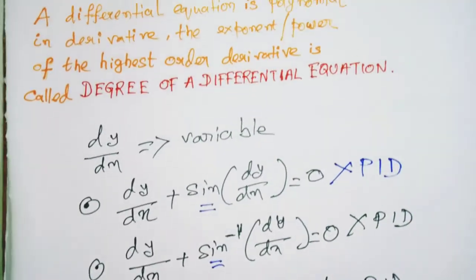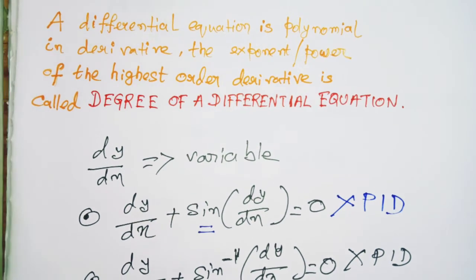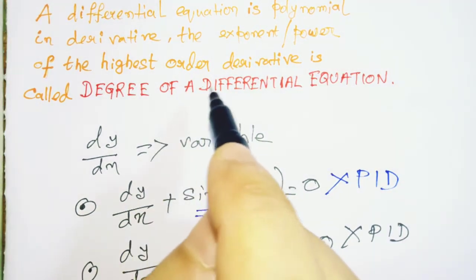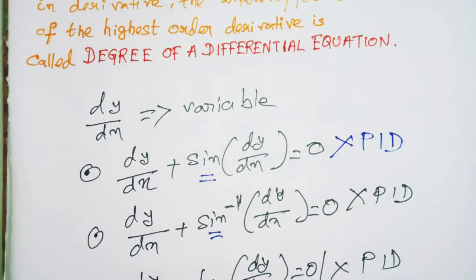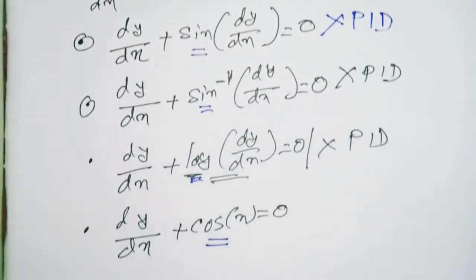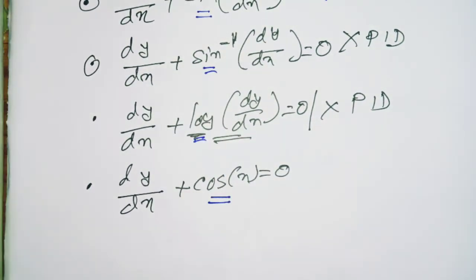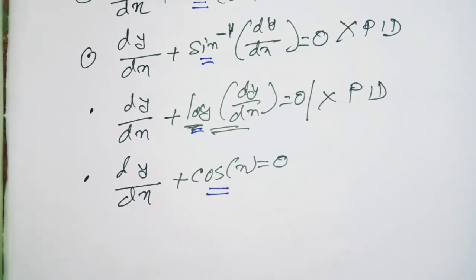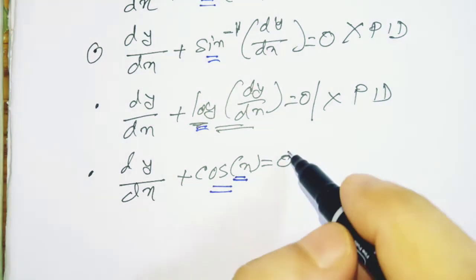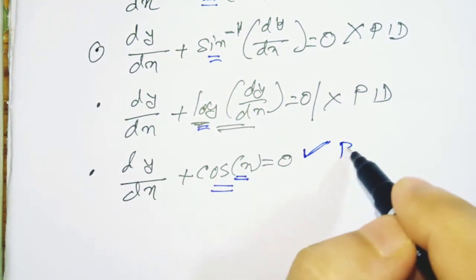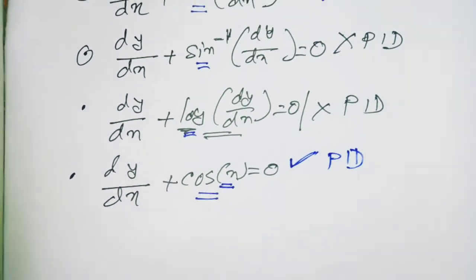Now, see the definition: a differential equation is polynomial in derivative. That means if I am treating dy by dx as a variable, then cos of dy by dx would not have been a polynomial in derivative. But here I am taking this as a variable, so definitely yes, this is a polynomial in derivative. Clear? I think that makes sense.